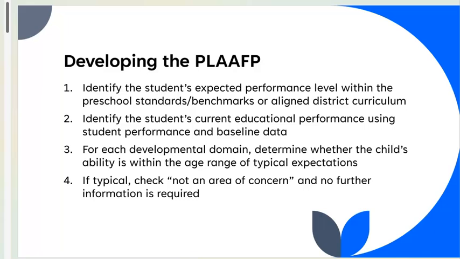And then you're going to look at each developmental domain that's indicated on the IEP form and determine whether the child's ability is within that age range of typical expectations as related to those preschool standards. If it's typical and there's no concern in that area, then you'll just check not an area of concern, and you don't have to complete any further information.